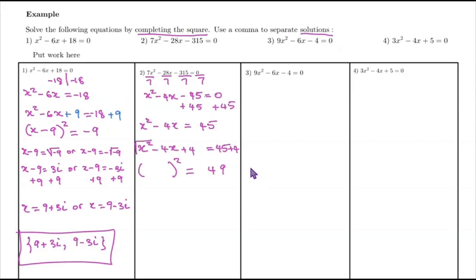Square root of x squared is x, assuming that x is positive, and then the negative sign, and then square root of 4 is 2.